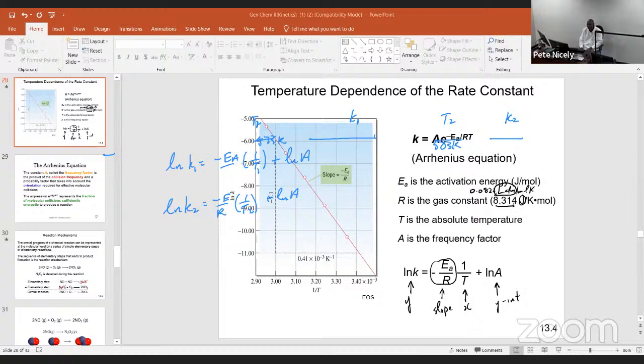If I subtract the bottom one from the top one, then the result would be ln k1 minus ln k2 equal to minus EA over R times 1 over T1 minus 1 over T2.